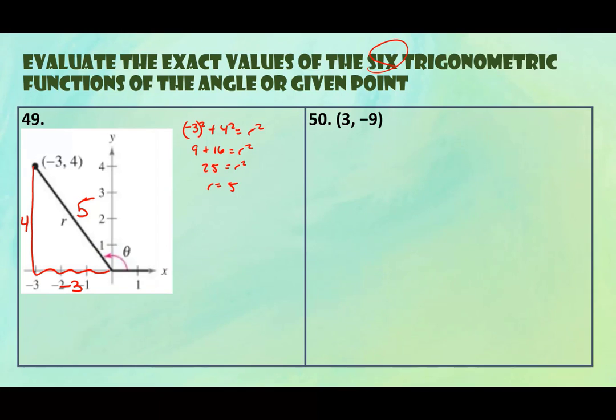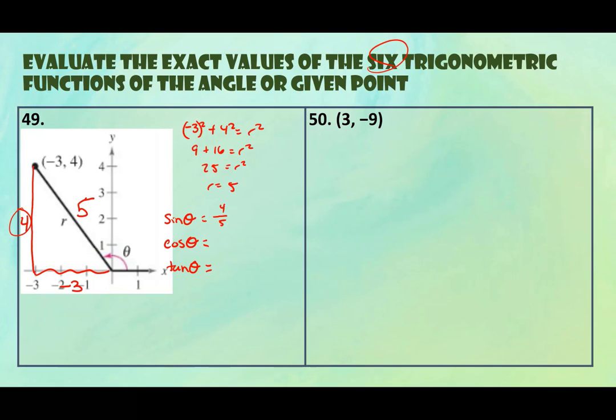So now we want to find sine of theta, cosine of theta, and tangent of theta. Once we do that, we can flip them to find the other 3. First of all, sine of theta is going to be your opposite side, which is 4, over your hypotenuse, which is 5. So it's y over r.